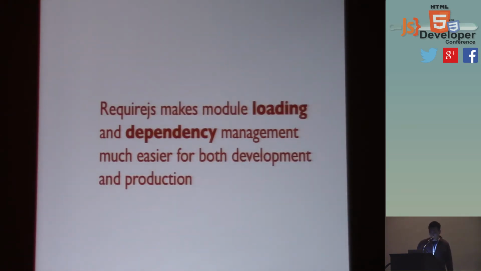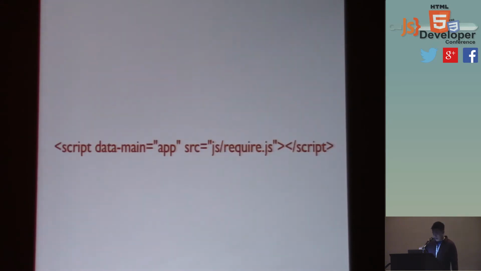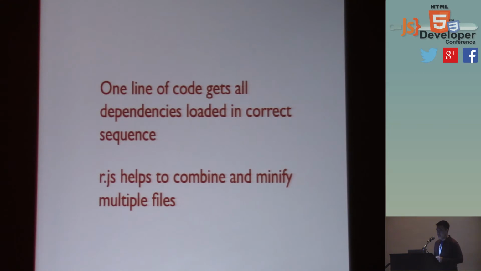What require.js did is it helps you load in every module in the correct sequence. So in your index HTML, with this one line of code, see there's a source, you are actually invoking require.js, and there's a data-main app. With this one line of code, you will have all your dependencies loaded in the correct sequence.